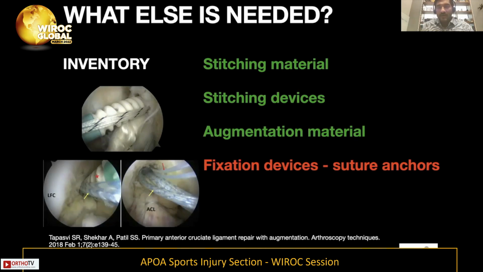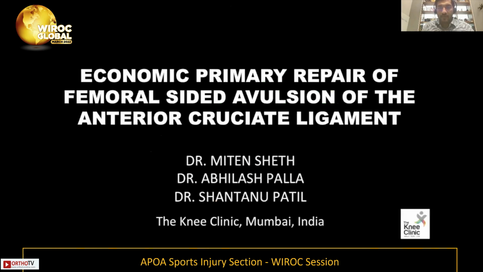So the question arises, if you see something like a femoral peel off of the ACL during a scope and you don't have a suture anchor with you, how do you go on to repair an ACL? So we've described an economic primary repair of the femoral sided avulsion, which doesn't need suture anchors.